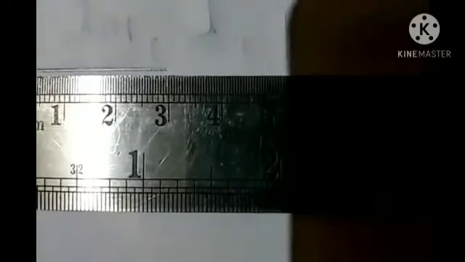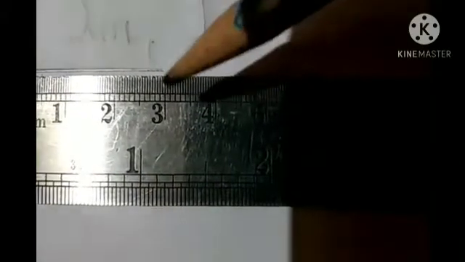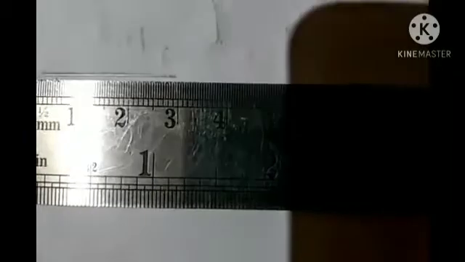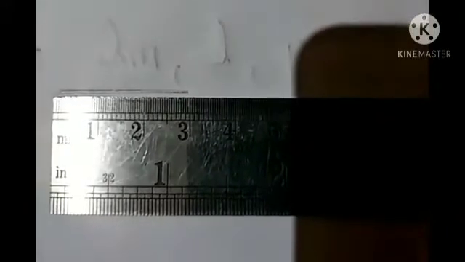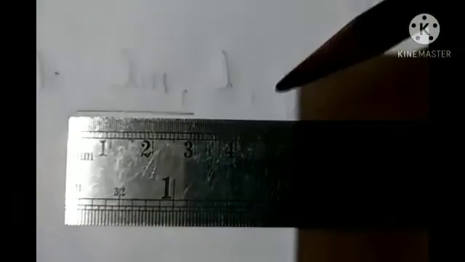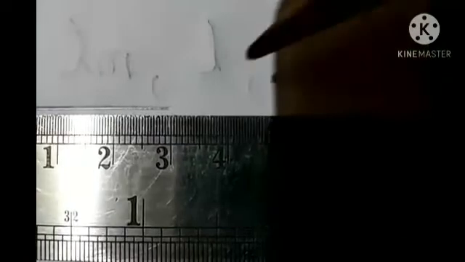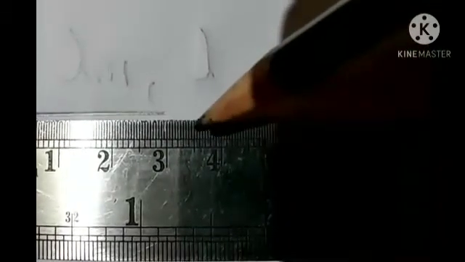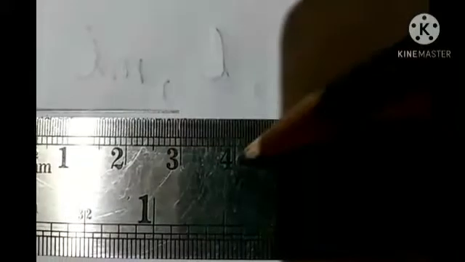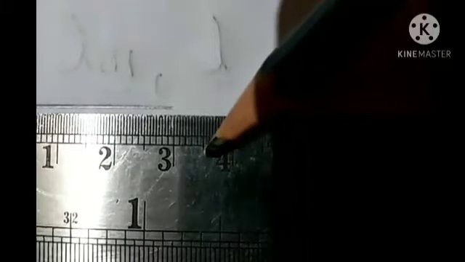If you look closely at the scale, you can see these small lines. These are millimeters, and after that centimeters. So 10 millimeter is equal to 1 centimeter. From 3 to 4 there are 10 lines. You can see this one is a little bit bigger, right?